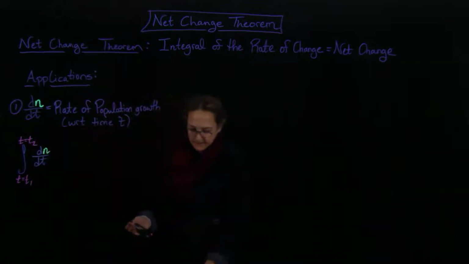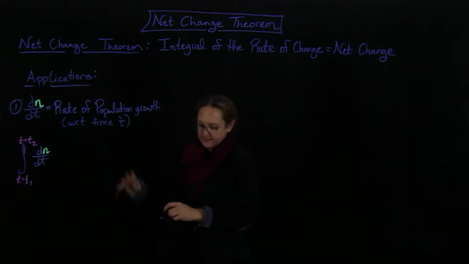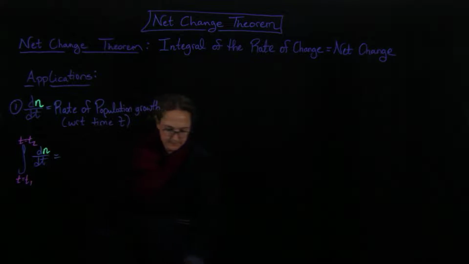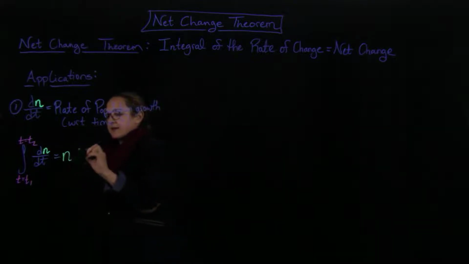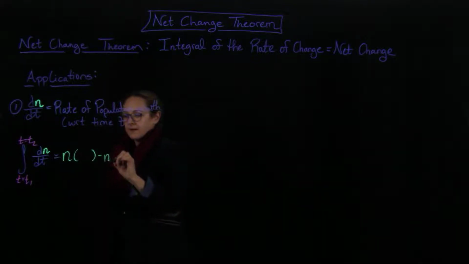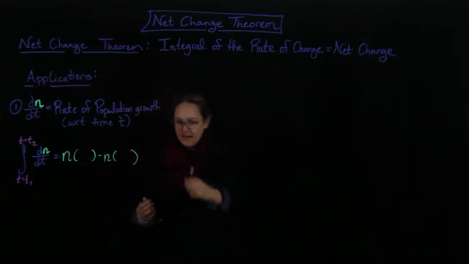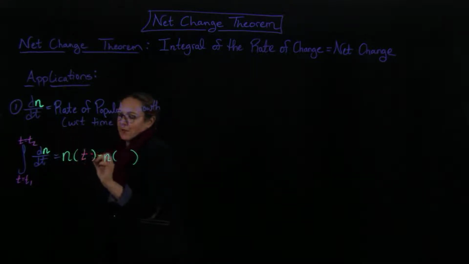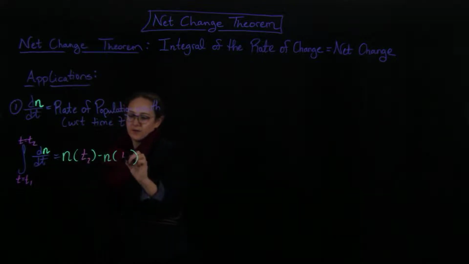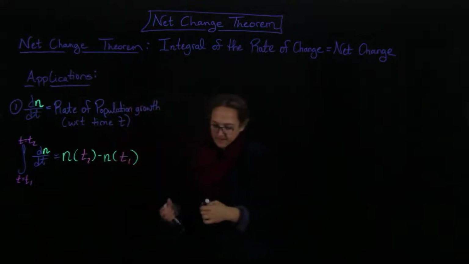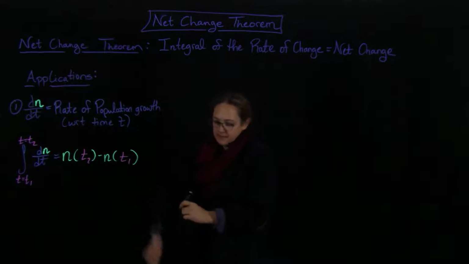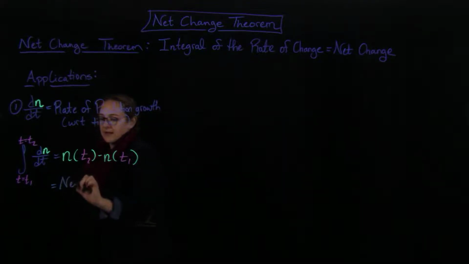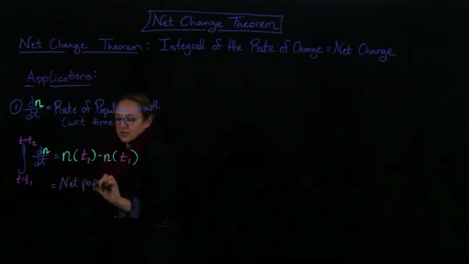Then we're going to get that this is going to equal the values of N: we look at the value at t2, the upper one, and then we subtract off the lower one. And this here is equal to the net population change.